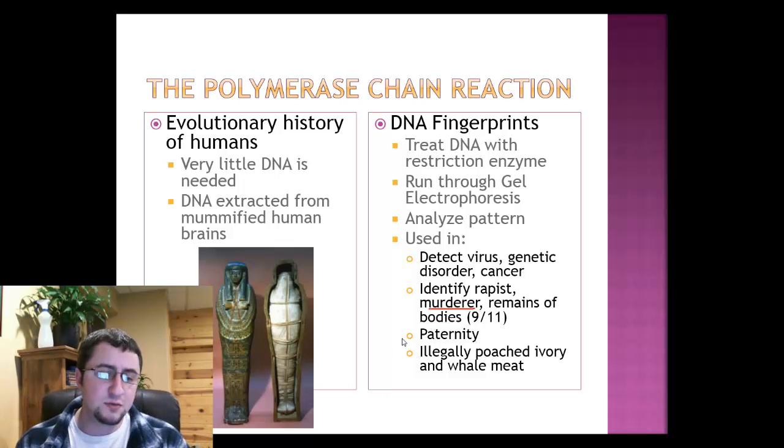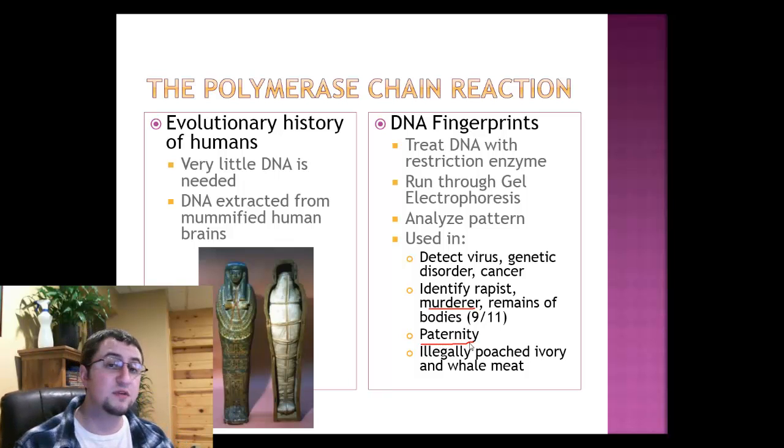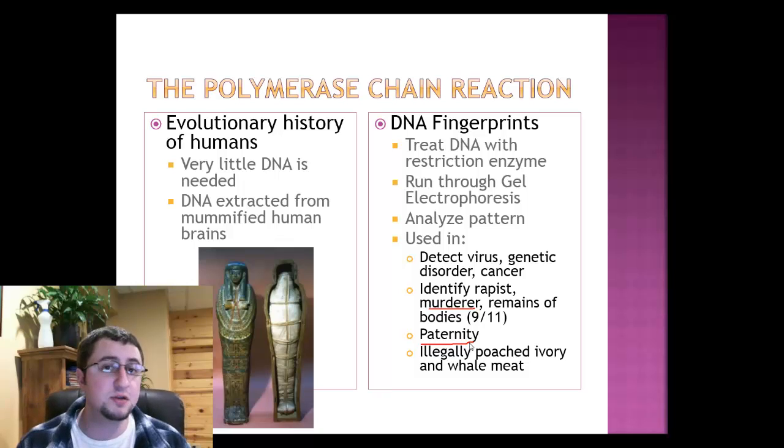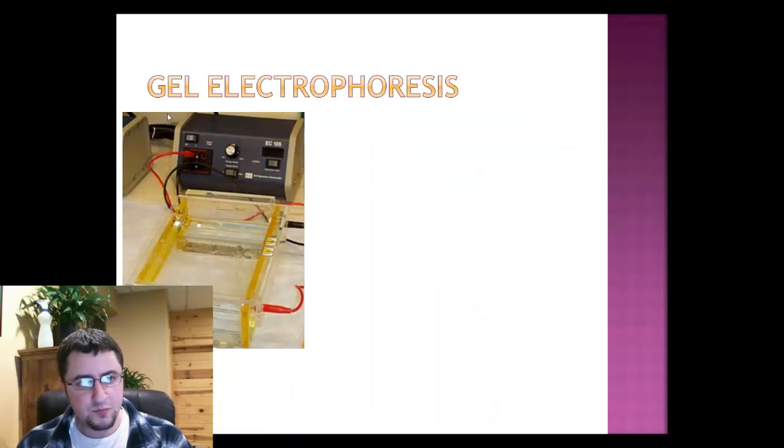And it's also really useful in paternity tests, like if we want to find out who the mother or the father of a certain baby was, we do a PCR reaction and make plenty of copies of that DNA, and compare it to other known segments of DNA. How do we compare it?